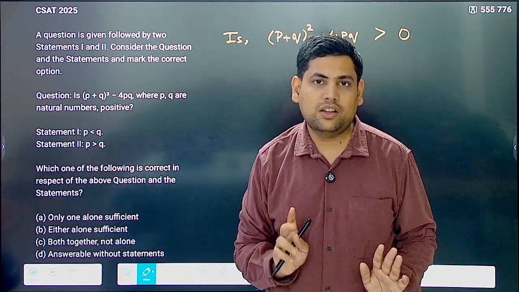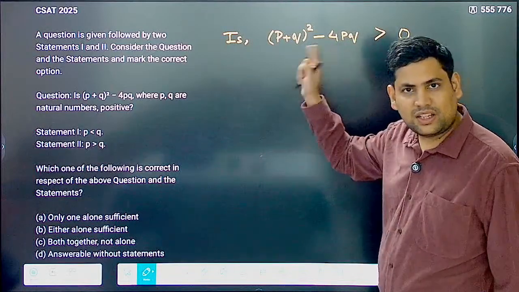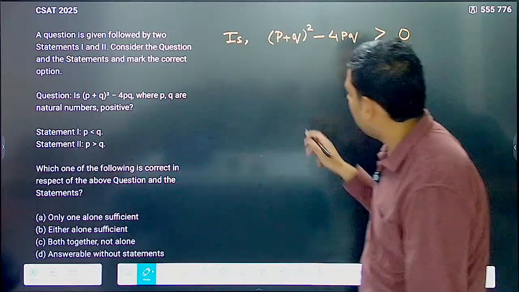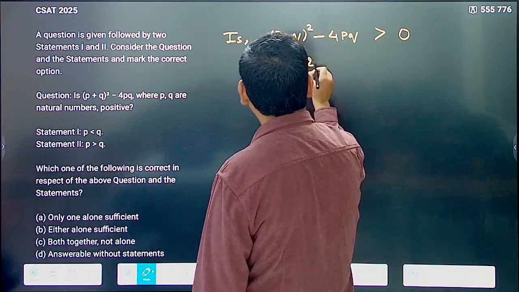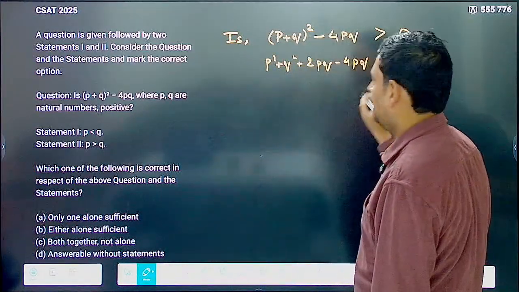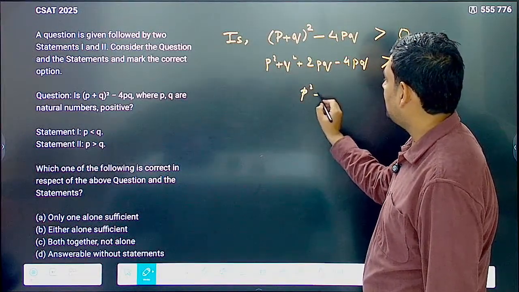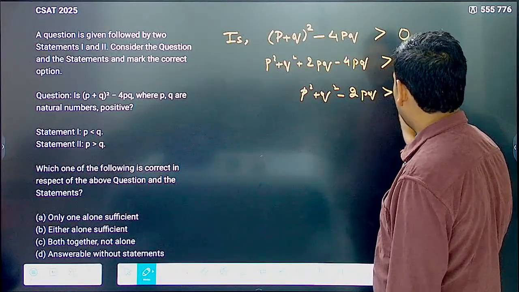Does not matter. It is just asking you, can you tell me exactly? If your answer is yes, fine. If your answer is no, fine. Then p plus q whole square minus 4pq. So I write here, this is p square plus q square plus 2pq minus 4pq greater than 0. Now 2pq minus 4pq becomes p square plus q square minus 2pq greater than 0.